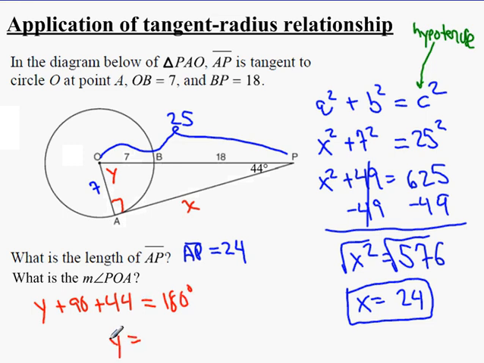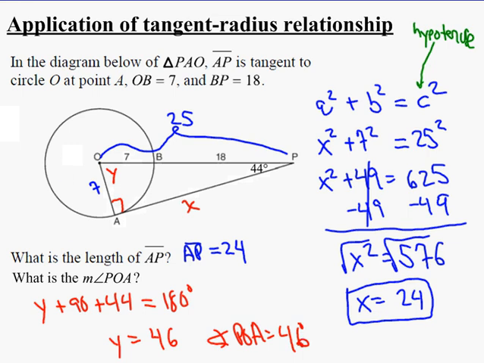So what does that make Y? Well, 90 plus 44 is 134. Subtract it from 180, you get 46. Y is 46, which means that angle POA is 46 degrees. That's a 6, believe it or not.